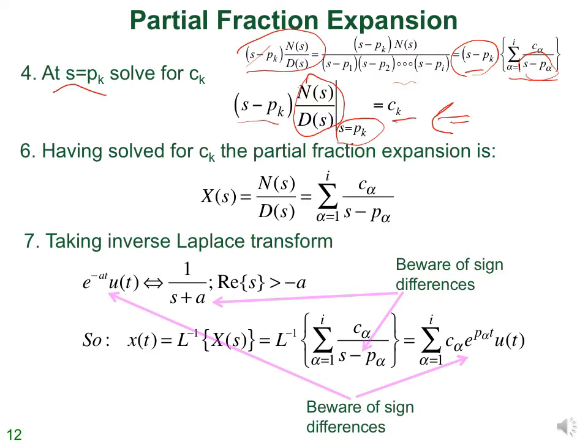Once you do this for each, you have the partial fraction expansion, since now you know all the constants in the numerator terms. So you have a sequence on the right-hand side, a bunch of terms that look like c over s minus some pole location.